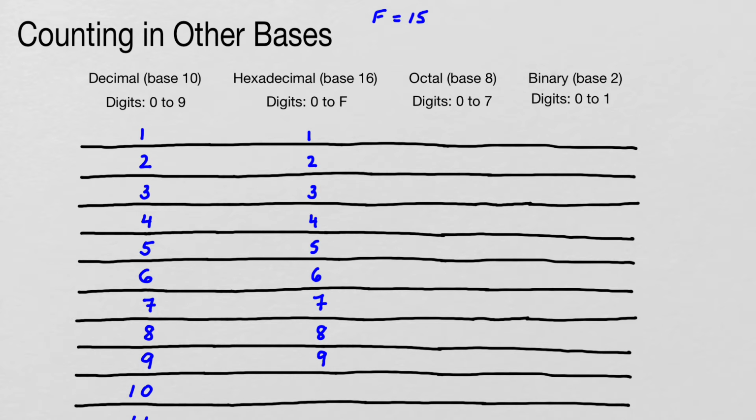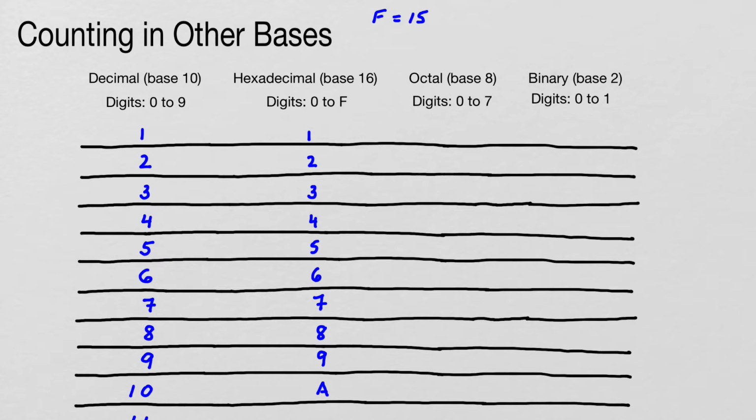But when we get to 9, we still have digits. So we start with A, which is equal to 10, and then we would continue on B, C, D, until we get to F, which is our largest digit in hexadecimal. But since we're only going to 10 for the moment, I stop at A.